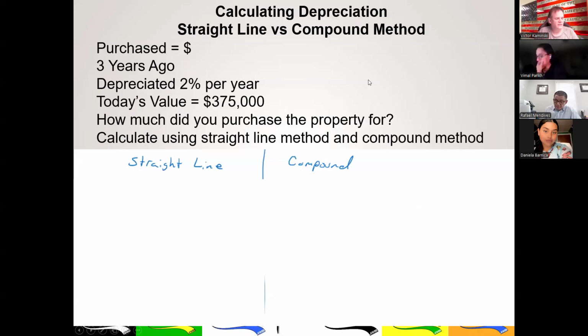I'll give you guys a minute there to figure it out. How much property?